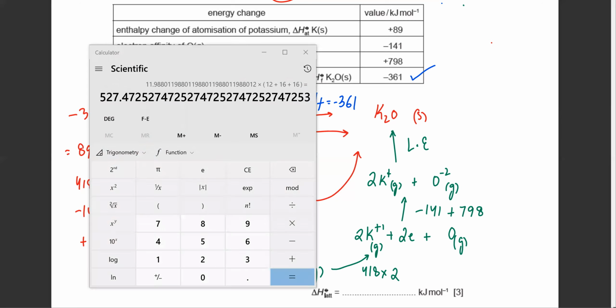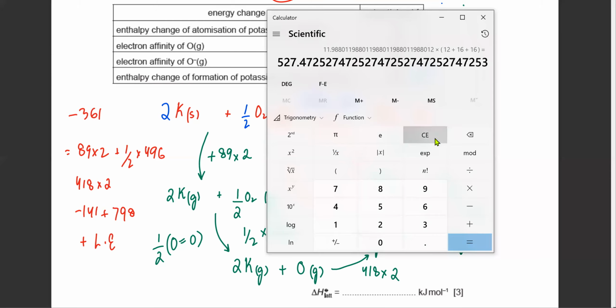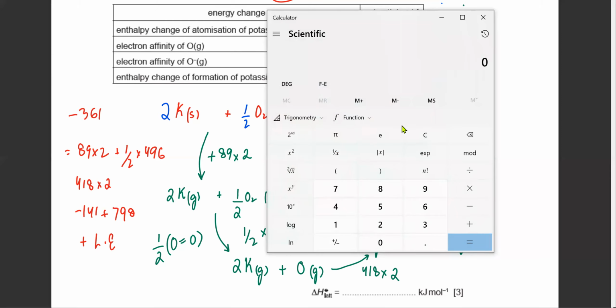Okay, I'm going to try and do it. And you have to be very careful with the signs that you use. So lattice energy, take everything on the other side. So it's going to be minus 361. Okay, be very careful. Then it's going to be minus, just use brackets, 89 times 2. Then it's minus, again I'm going to put brackets, half 0.5 times 496. And then it's minus 418 into 2.